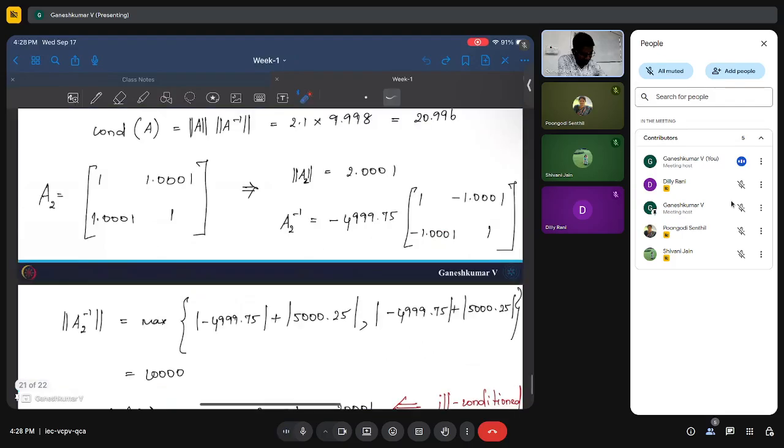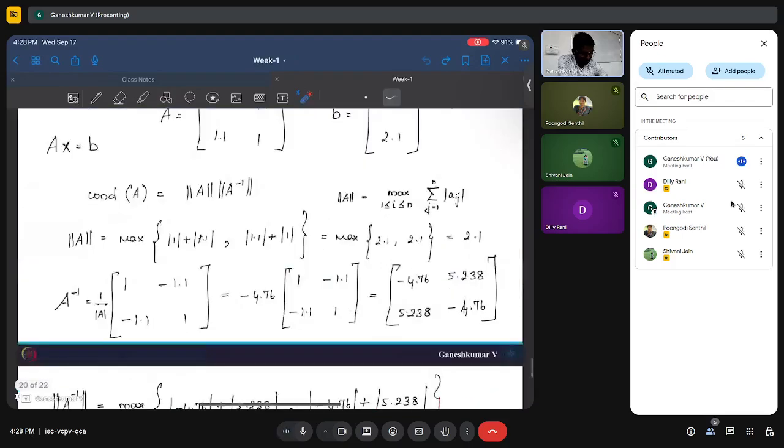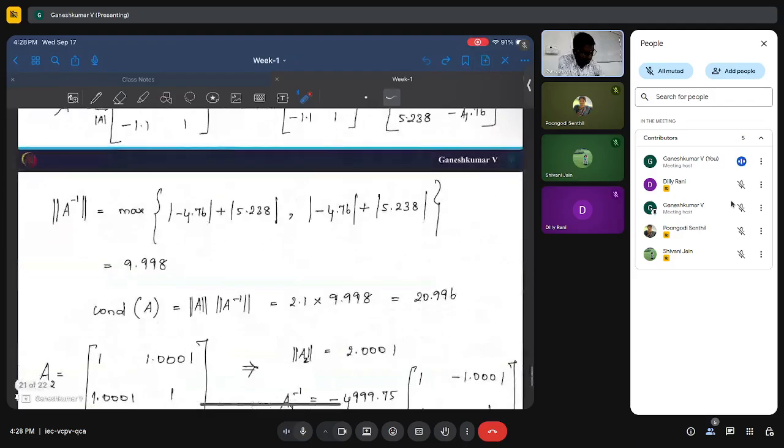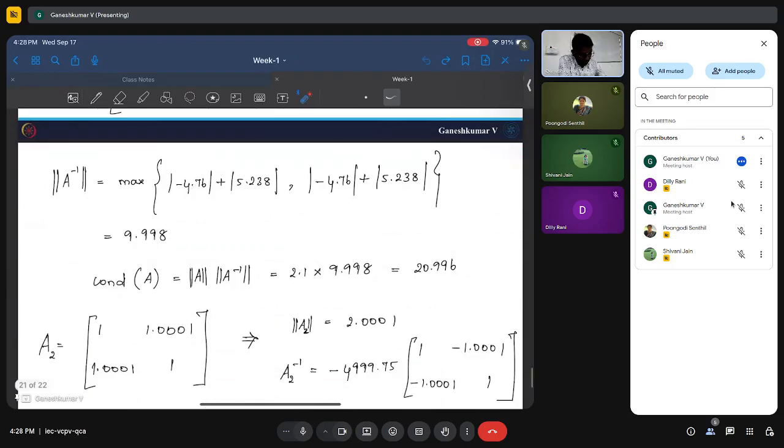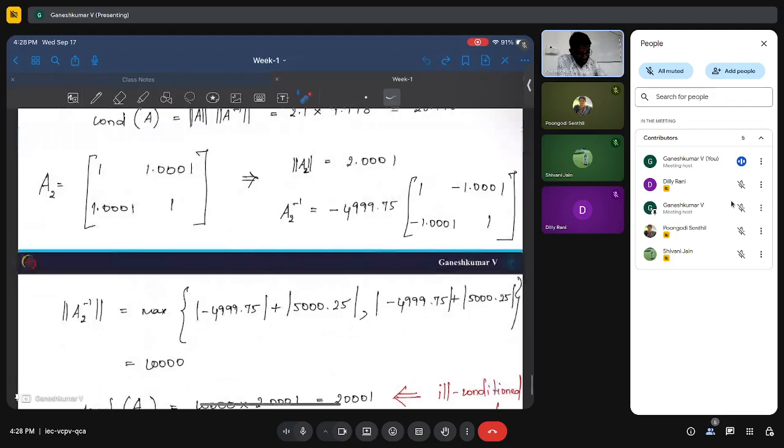And for the previous case which I was talking about, this one, its condition number was just 20. Okay, it's less. Although 20 is also a very big value, it is less. So instead of 1, if you have 2, let's say, that condition number will be low.